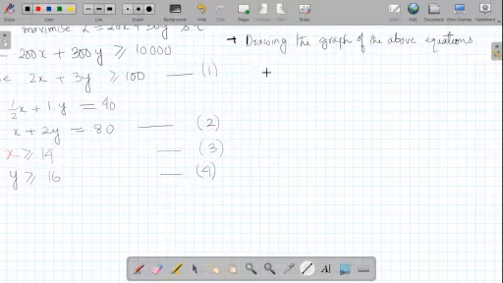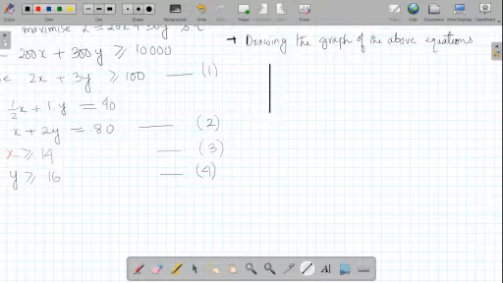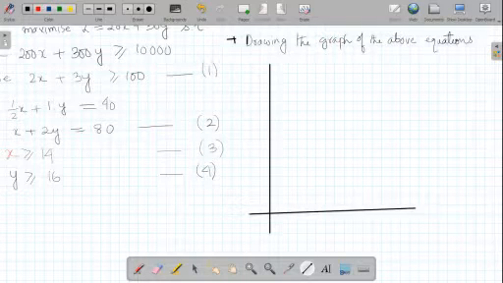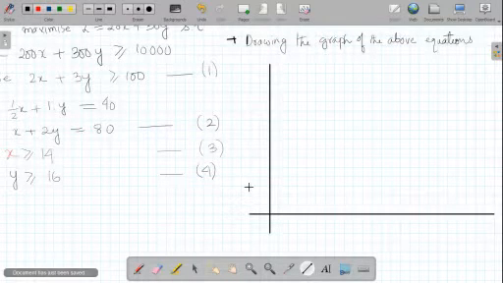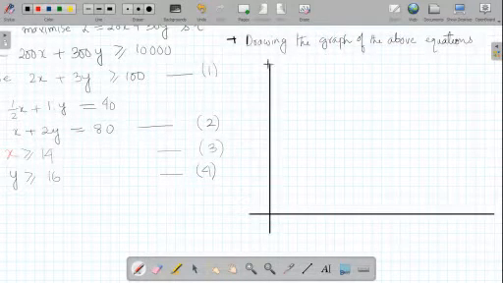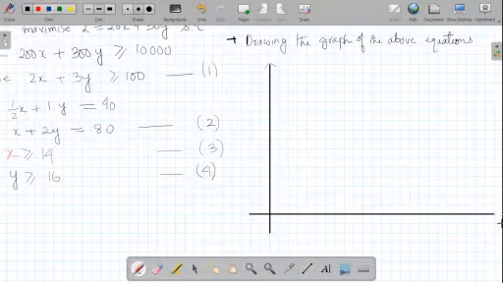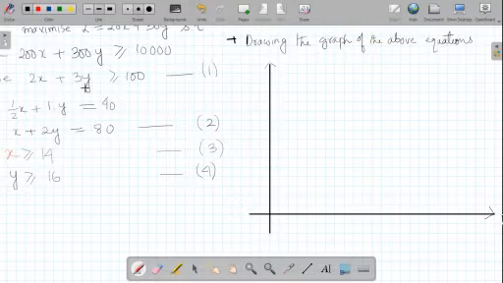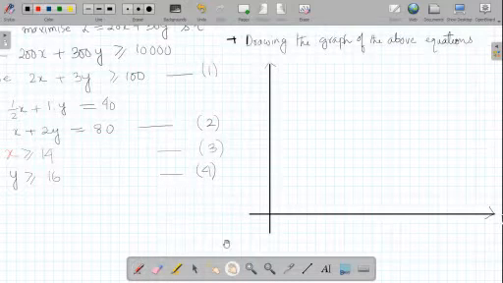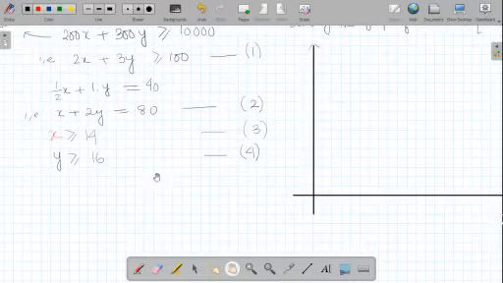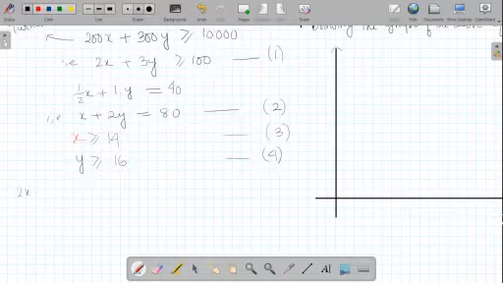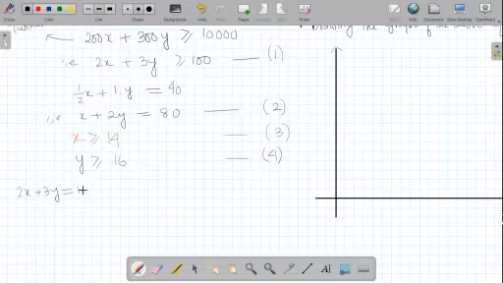So let's try to draw the graphs here. Okay, first equation has 2x plus 3y greater than or equal to how much? 100.